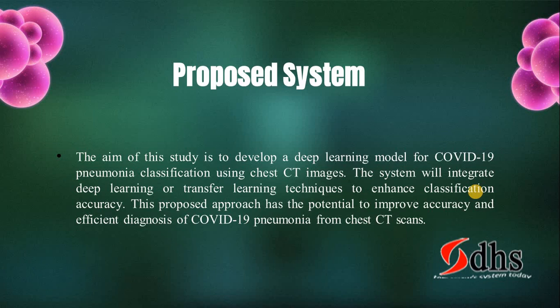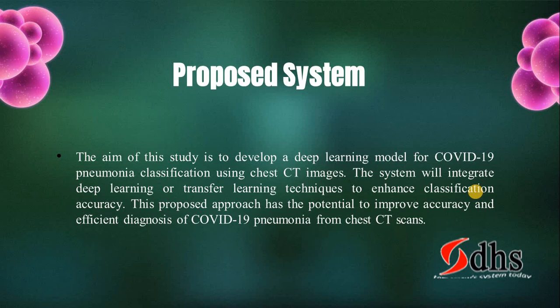And the proposed system. The aim of this study is to develop a deep learning model for COVID-19 pneumonia classification using chest CT images. The system will integrate deep learning or transfer learning techniques. So we can use deep learning algorithms, and we can use a transfer learning algorithm also. We can use a single algorithm to complete the project, or we can use 1 or 2 algorithms for comparison purposes. We have many ideas to complete this kind of project.